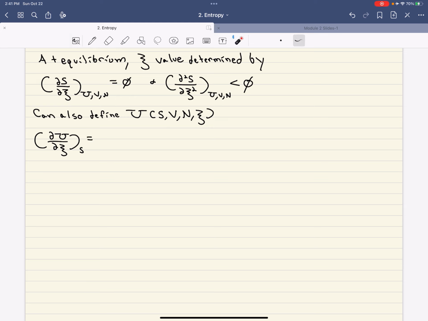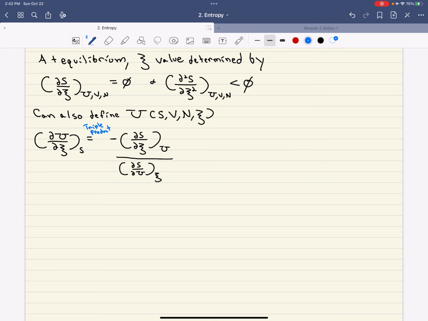To make this analysis easier, I could recognize that we have some sort of unmeasurable property here, and so we could rewrite this partial derivative using the triple product rule.